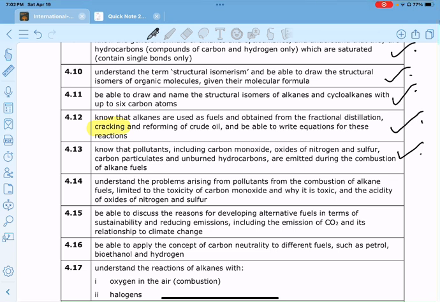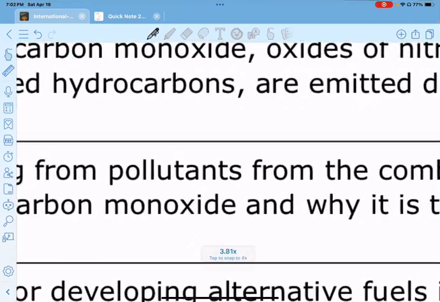Continuing, understand the problems arising from pollutants from the combustion of alkane fuels, limited to the toxicity of carbon monoxide and why it's toxic, and the acidity of oxides of nitrogen and sulfur. Okay, now one of the main things I was supposed to look at is actually here.